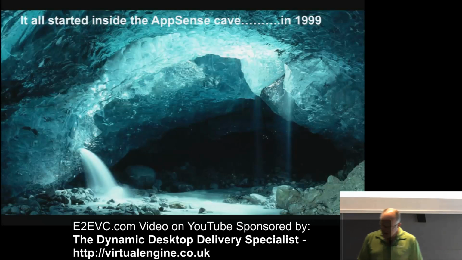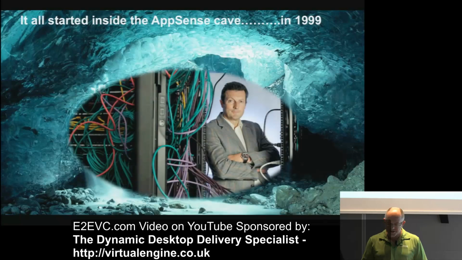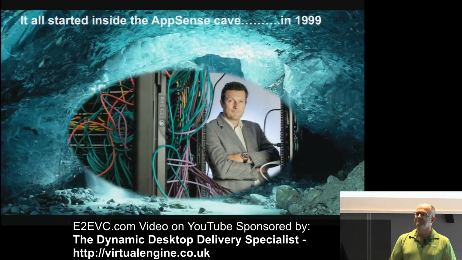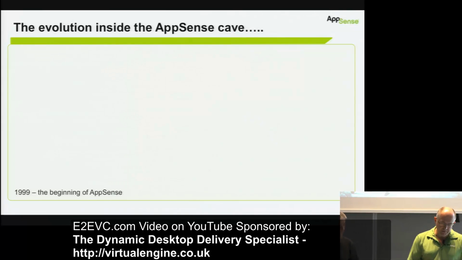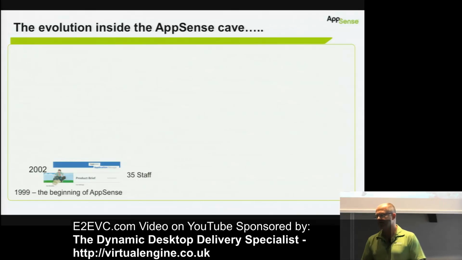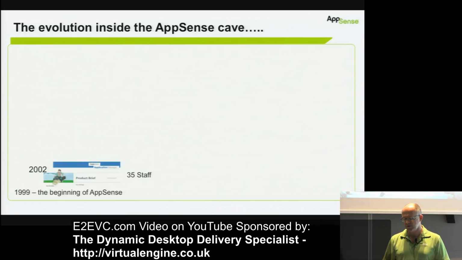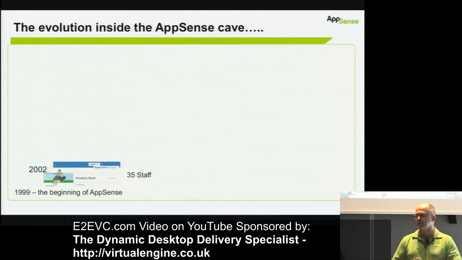So let's try to give you some background and explain what we actually mean by this message. It all started back in the AppSense cave, back in 1999, with Uncle Charlie, Charles Charlan, our chairman, who started the company.